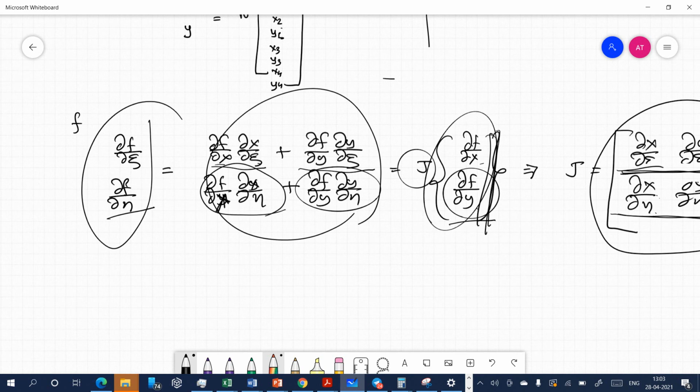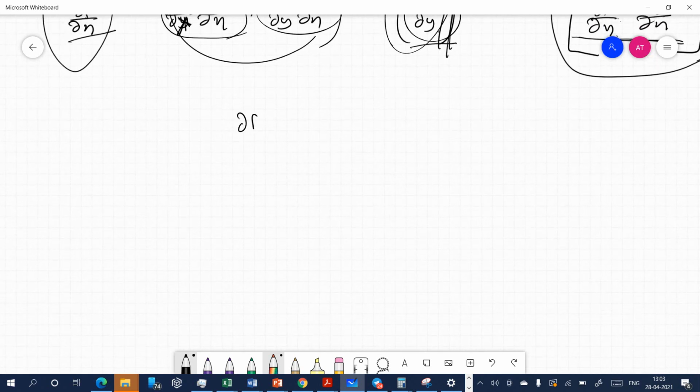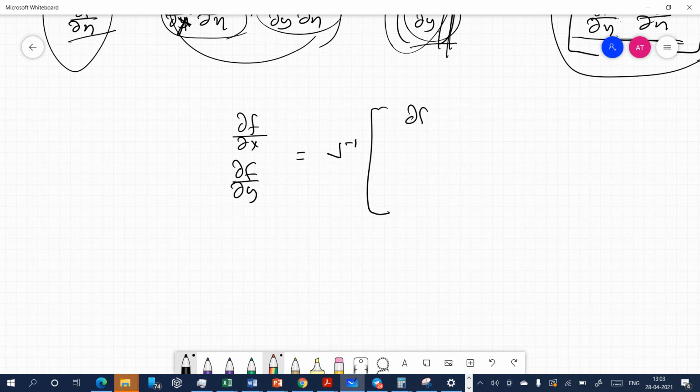If we want to reverse the relationship, to find out the partial of any function with respect to the global coordinate system in terms of partials of that same function with respect to the local coordinate system, then we can write del f by del x and del f by del y is equal to the inverse of Jacobian into del f by del zeta and del f by del eta, right?